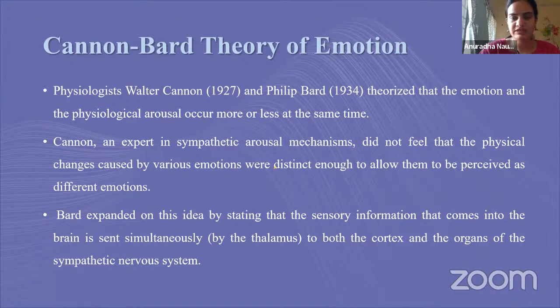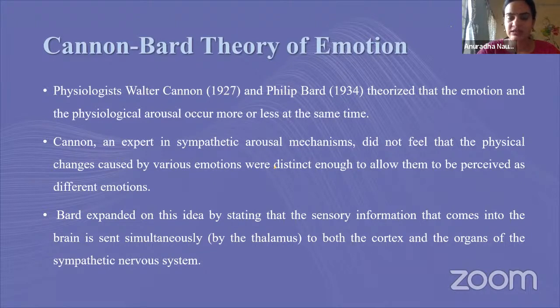What Cannon and Bard said is that those things cannot happen one after the other. I cannot see that my heart rate is increasing and then feel that I'm afraid of something. It will happen at the same time. Cannon, an expert in sympathetic arousal mechanisms, did not feel that the physical changes caused by various emotions were distinct enough to allow them to be perceived as different emotions.